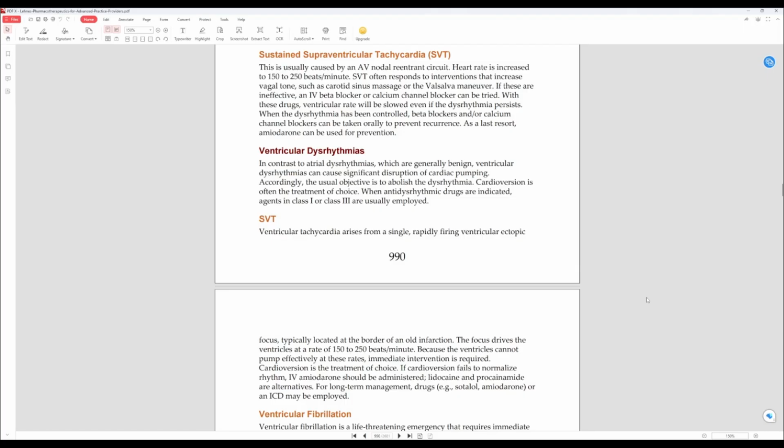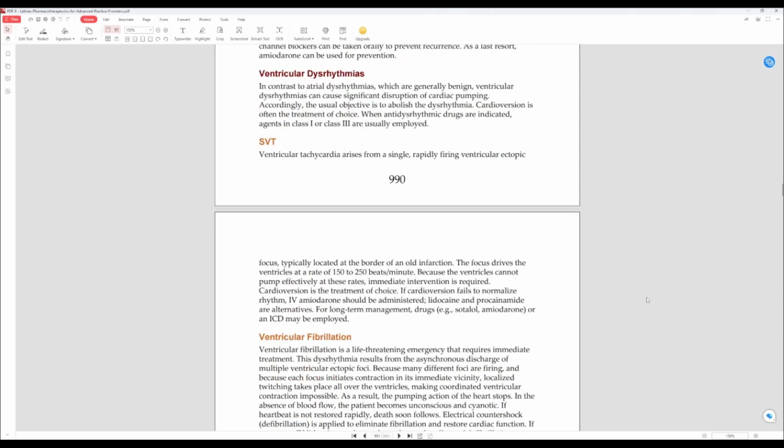If these are ineffective, however, an IV beta blocker or calcium channel blocker can be tried. With these drugs, ventricular rate will be slowed even if the dysrhythmia persists. When the dysrhythmia has been controlled, beta blockers and/or calcium channel blockers can be taken orally to prevent recurrence. As a last resort, amiodarone can be used for prevention.